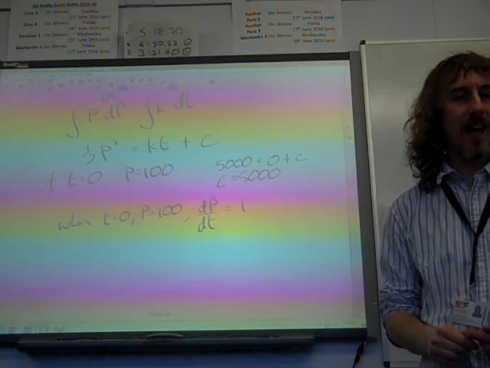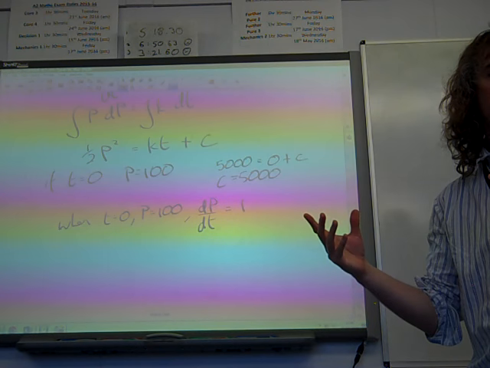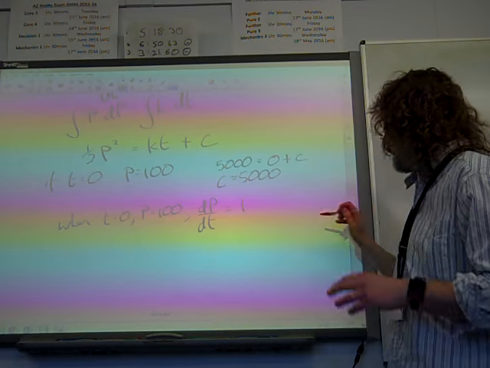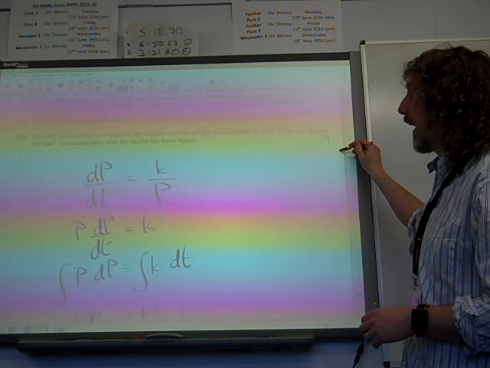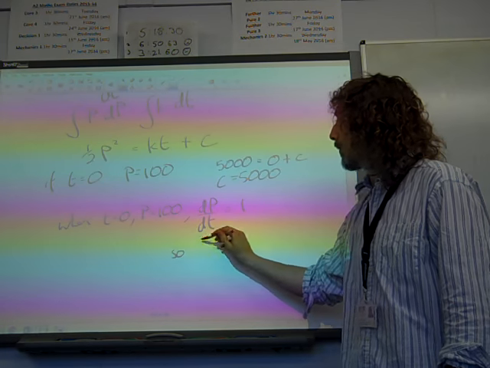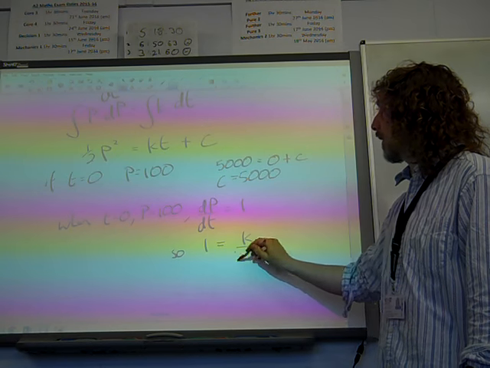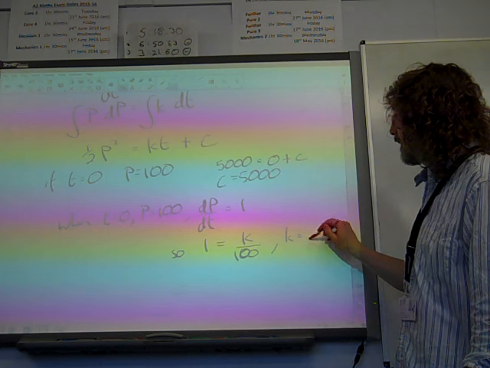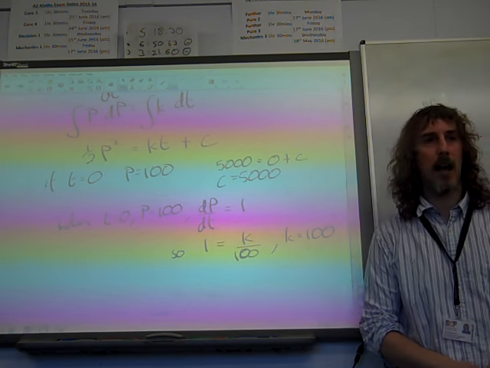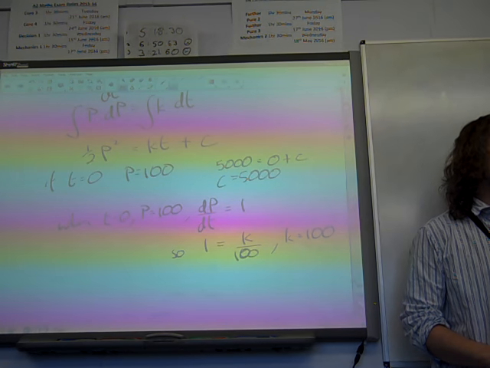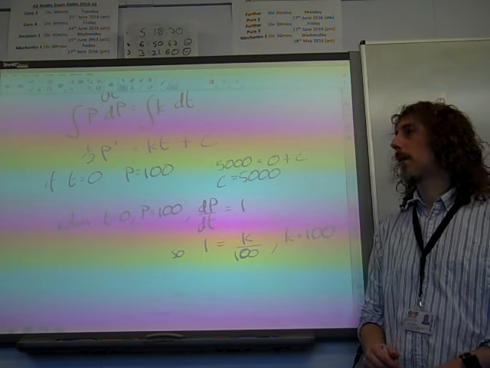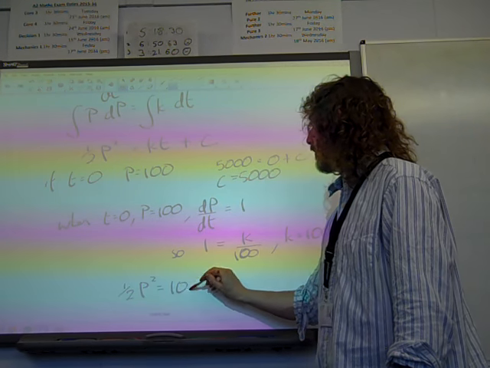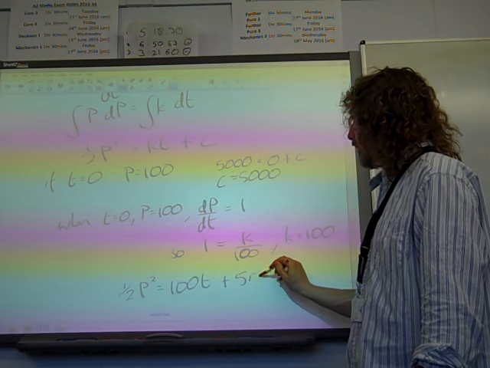So actually we can take that back and use that in our original equation right at the beginning, which said that dp by dt was equal to k over p. So 1 is k over 100, which tells me therefore that k is equal to 100. I've now found both of my constants, and so that is a half p squared is 100 t plus 5,000.